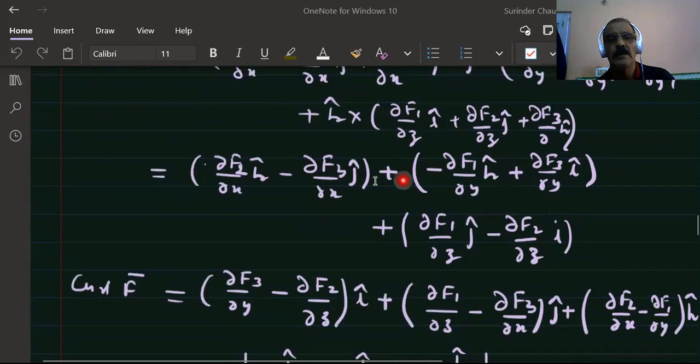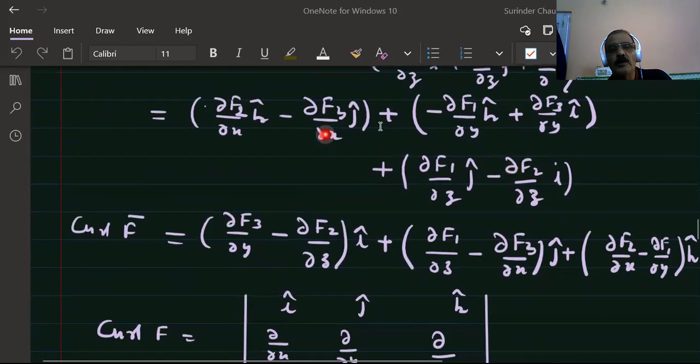Substitute them, and we get these expressions. This expression can now be converted into separate x, y, and z components. Now this can be converted to determinant form.